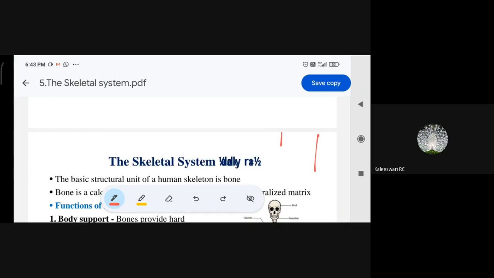How are bones made up? I just wanted to make you understand that only. Bones are made up of minerals and what? Calcium. Yeah. Minerals and calcium. Calcium is a mineral only.